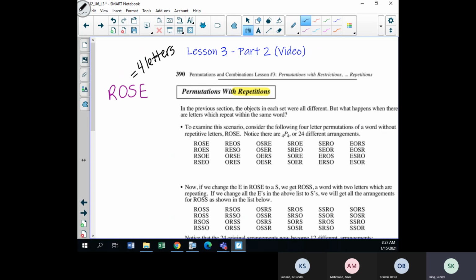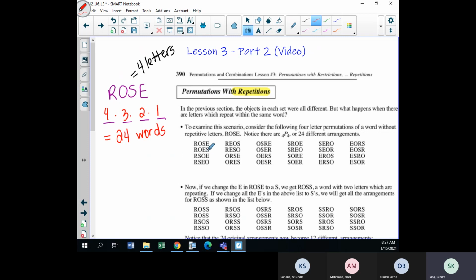You would have said, well, rows has 4 different letters, which represents 4 different stages. And then you would have said, there's 4 choices that could go there, 3 choices here, 2 and 1. And you would have multiplied that together, and you would have said, with the letters rows, I could make 24 other words, or arrangements, or permutations.